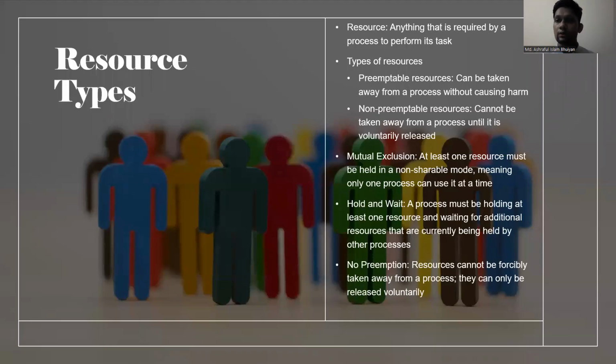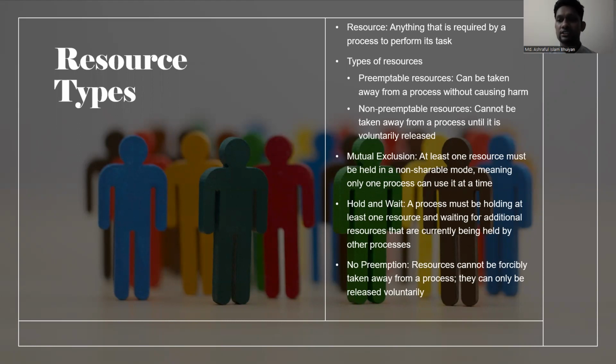Types of deadlock. First of all, what is a resource? A resource is anything that is required by a process to perform its tasks. There are many types of resources, and I'll discuss selected types. First of all, preemptible resource and non-preemptible resource.